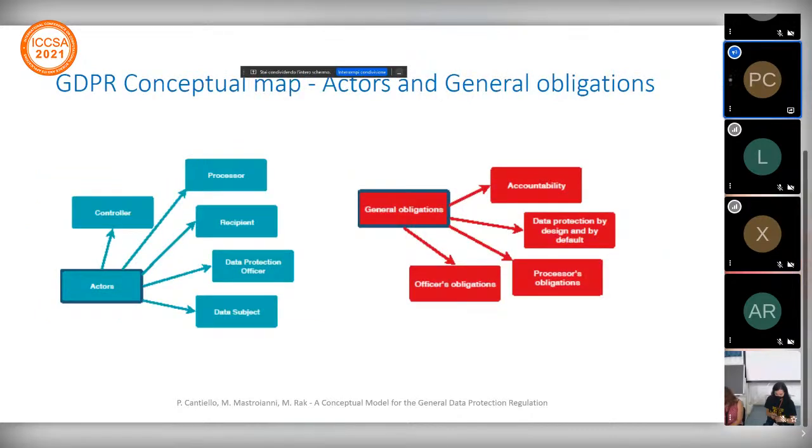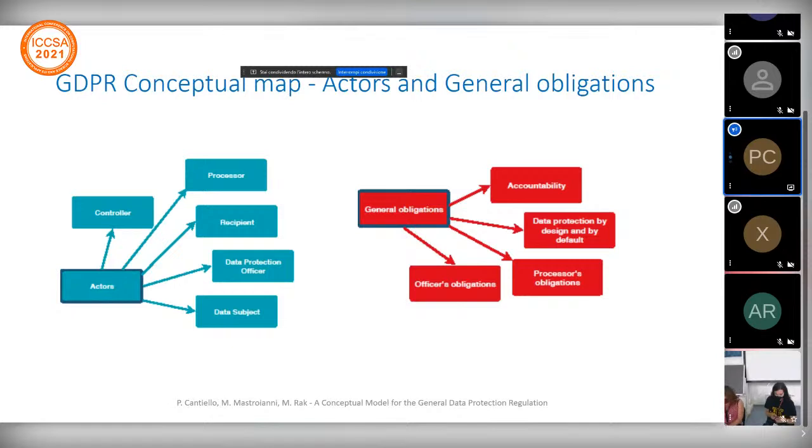Okay, let's go again. For actors, we have identified all the actors involved in the GDPR, like the controller, the processor, who is the recipient, the external processor, who is the data protection officer, and who is a data subject.